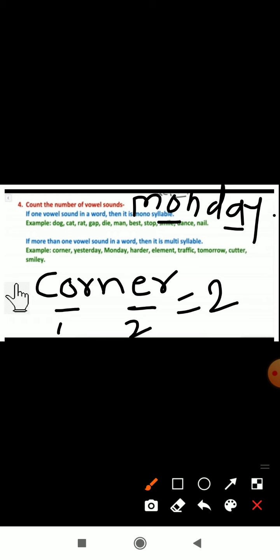No. Whether ending with E? No. So count the number of vowel sounds, 1 and 2. So how many syllables are there? 2. So it is called multi-syllable. Like that you have to find out the number of syllables. From these examples you have to find out how many syllables are there.